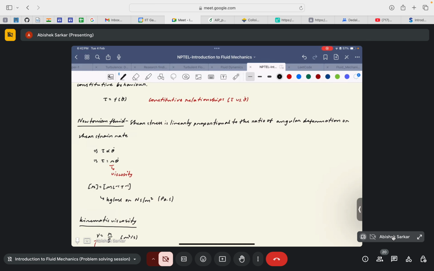So you may ask why density is considered to quantify its ability to maintain momentum.